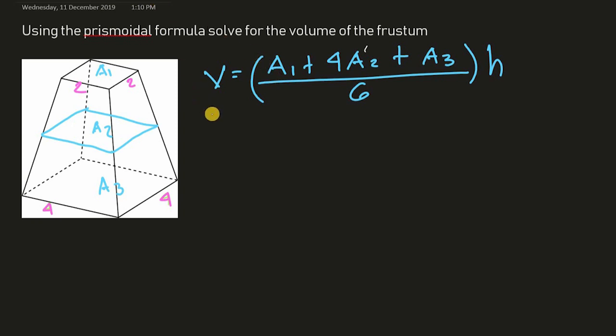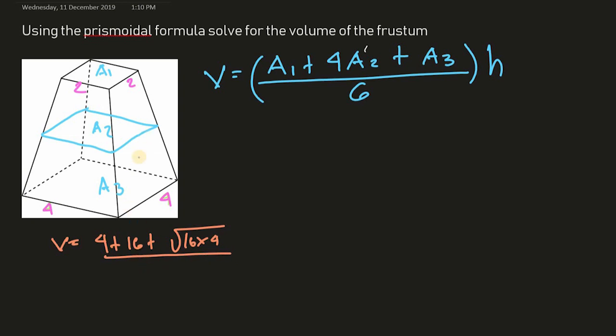Alright? So, para gawin yon, I will start with the first one, yung gamit yung formula ng frustum. So, volume is area ng top natin, that's 2 squared, that's equal to 4, plus area ng bottom, that's 4 squared, that's 16, plus the square root of the area ng top at bottom, 16 times 4.